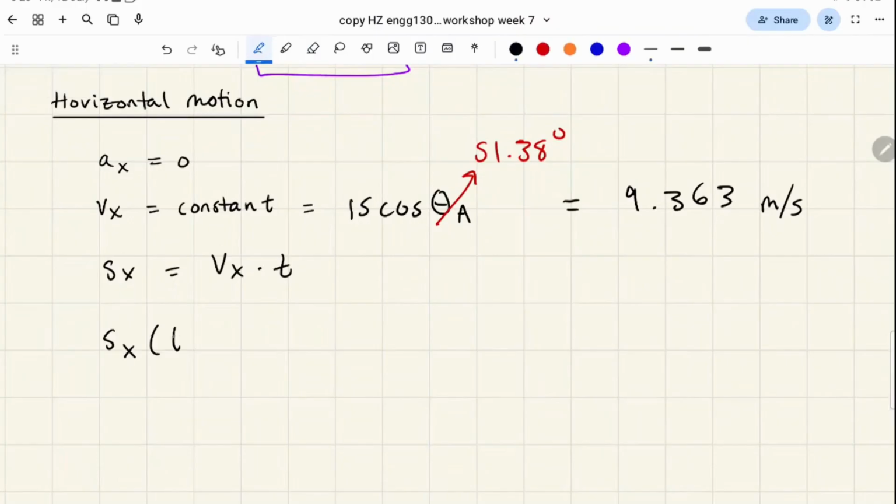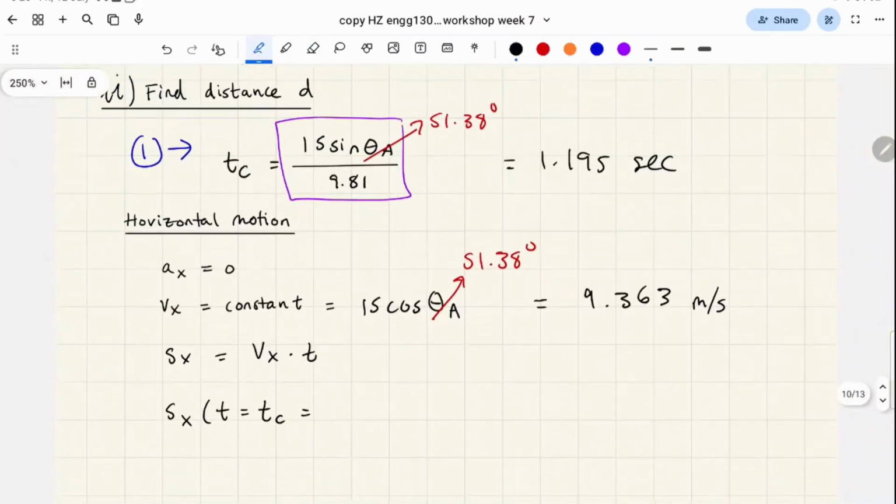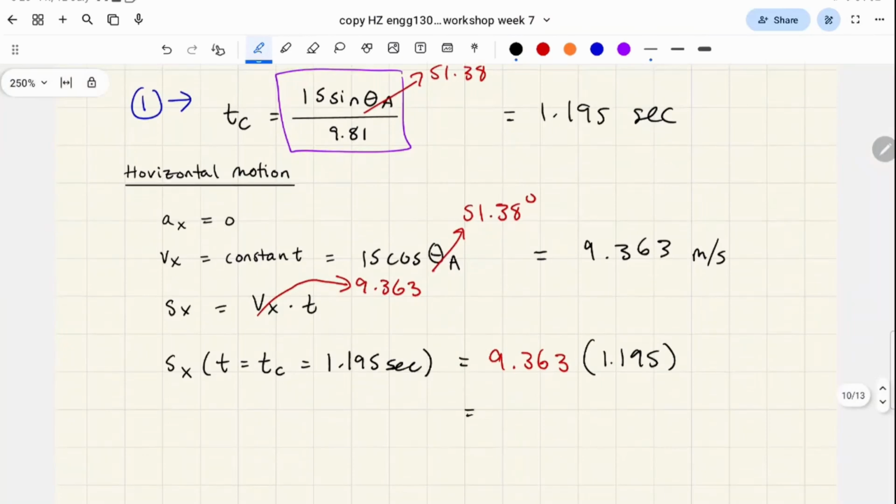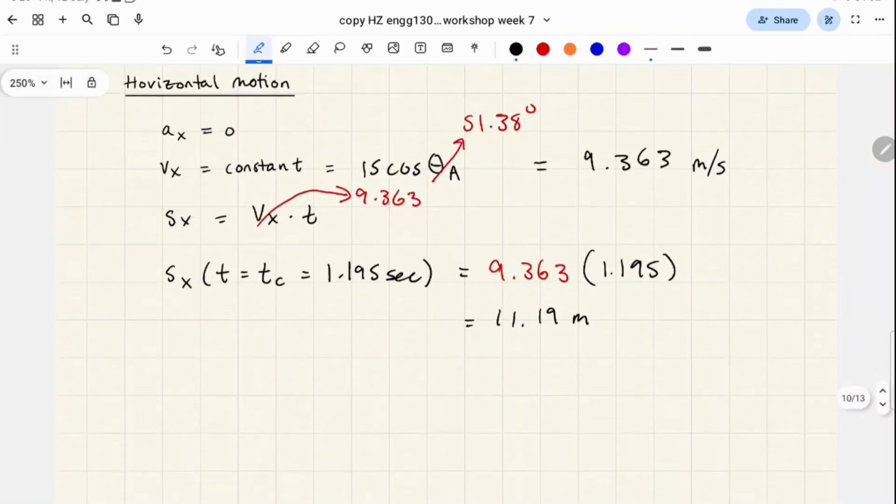Sx, when you plug in time equal to Tc, which is 1.195 seconds, we have 9.363 multiplied by that time, and we get that that is equal to 11.19 meters.